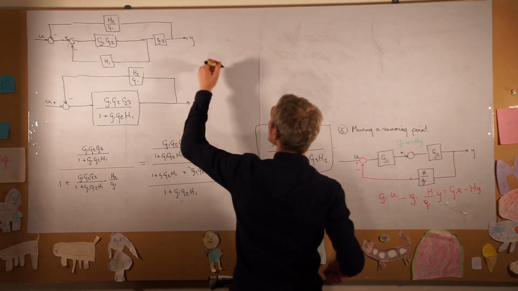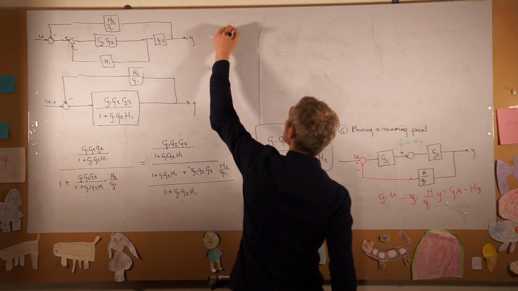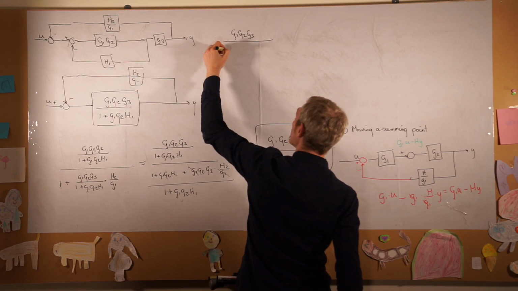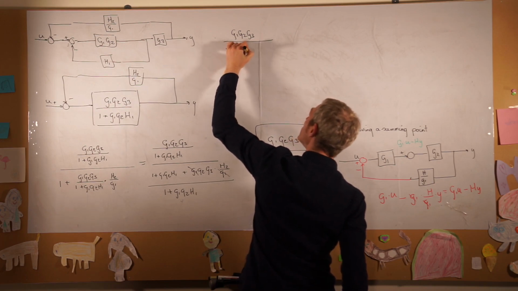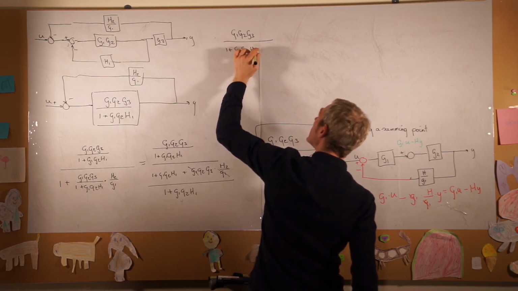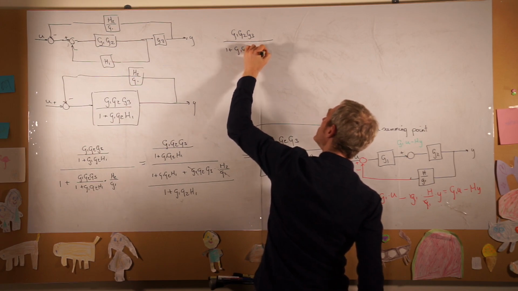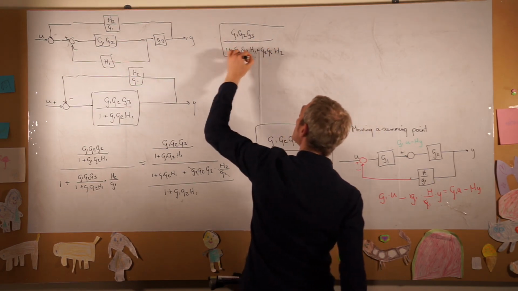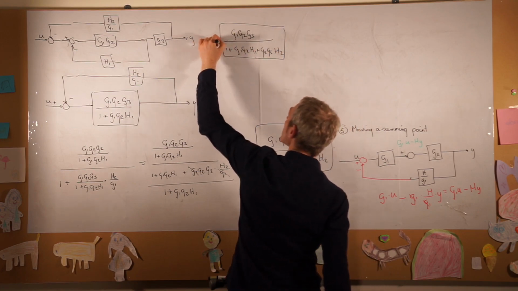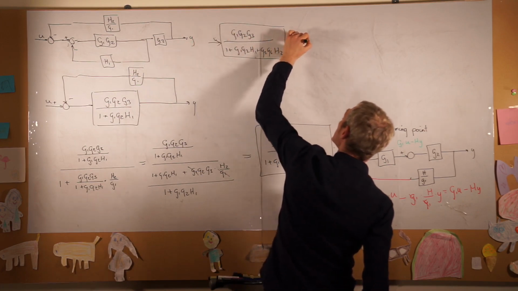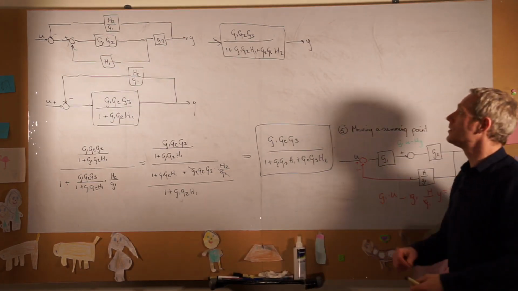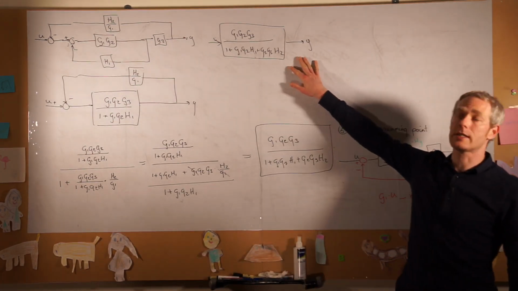So I'll write it down. So this is equivalent with G1, G2, G3 over 1 plus G1, G2, H1 plus G2, G3, H2. And we've taken a rather complicated transfer function where we have multiple interlaced loops and turned it into a single transfer function.